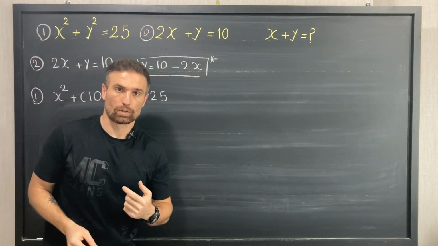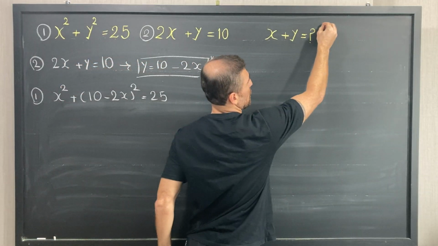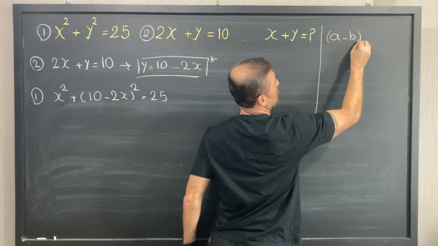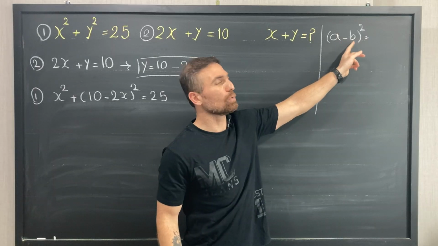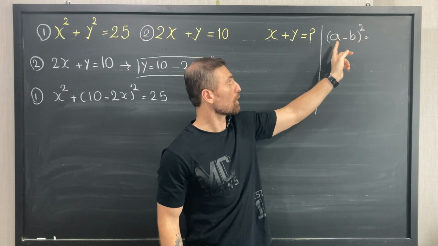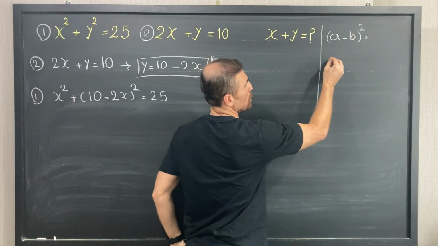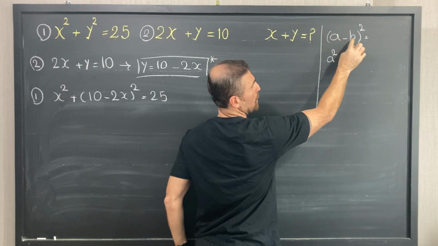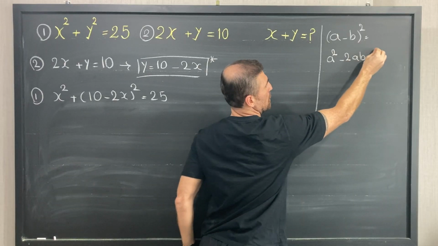To solve this, I'm going to get help from an algebraic identity. It says a minus b squared, which means the square of the difference of two terms, is going to be first term squared minus twice the product of the first term and second term plus second term squared.